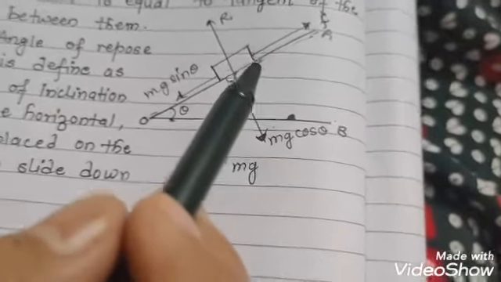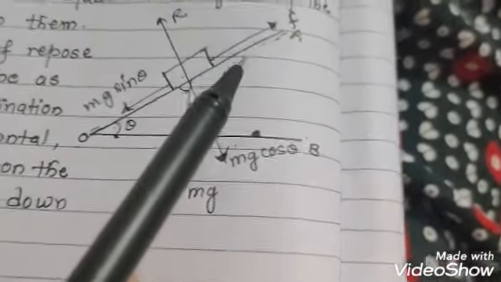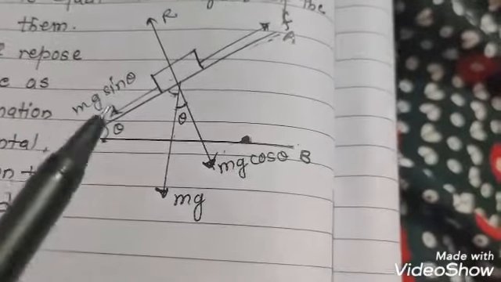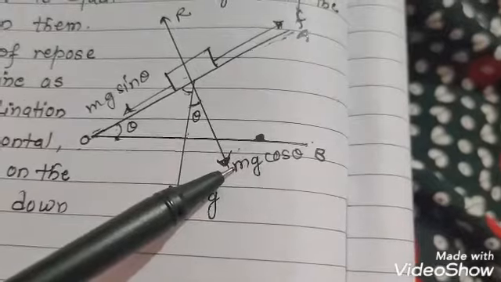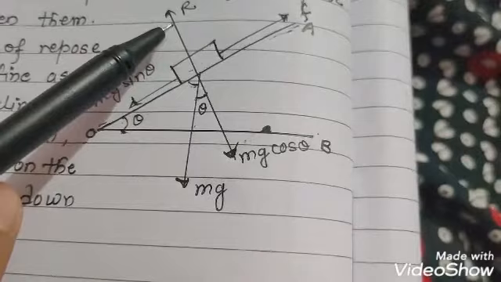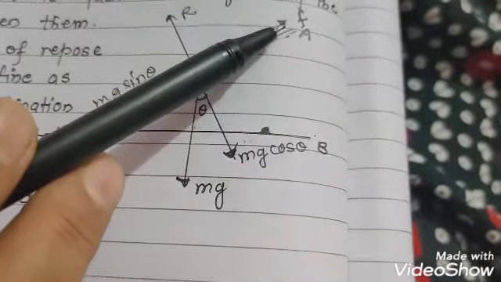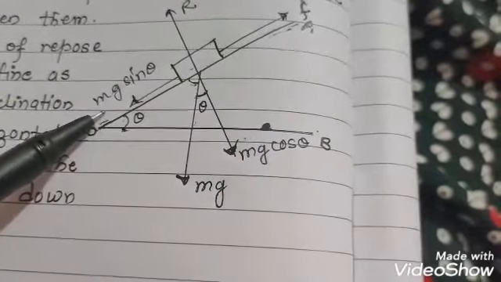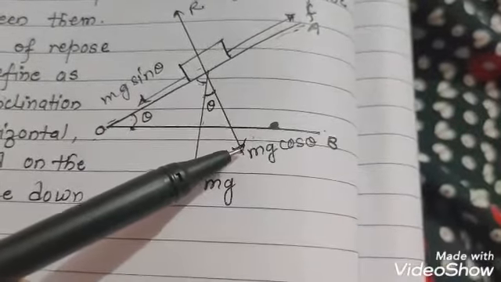Now you will find that the force of friction F is balanced by mg sin theta, and the mg cos theta component is balanced by R. So we can write the equation: F is equal to mg sin theta, and R is equal to mg cos theta.